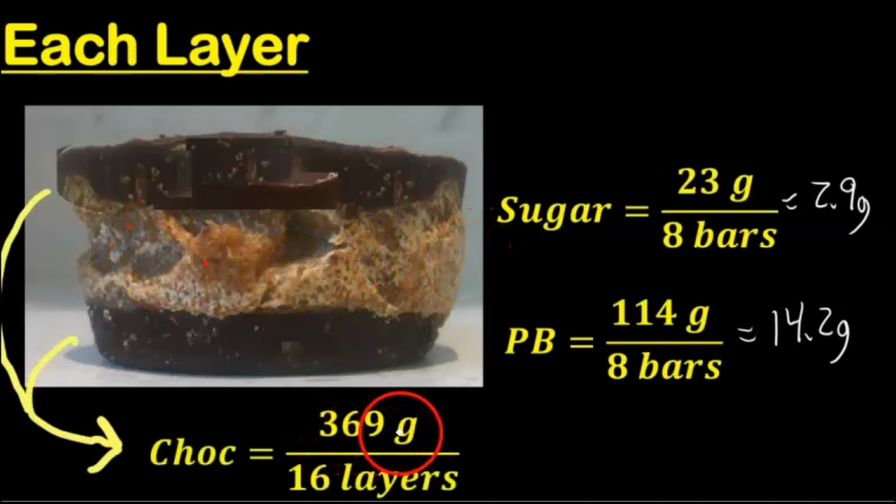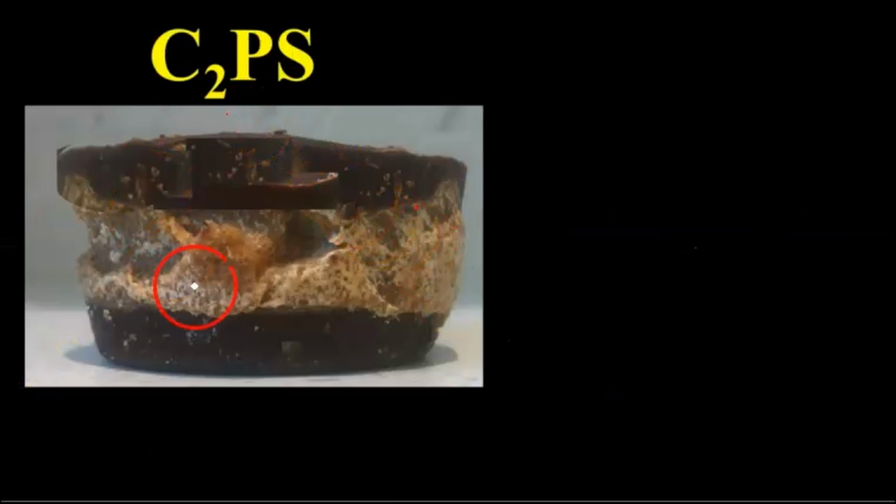And it's 369 grams of chocolate split up amongst 16 layers. 8 bars, and each bar had 2 layers, so that's 16 layers total. So each layer had approximately 23.1 grams of chocolate. We can rewrite this bar as a formula, like a molecular formula, where there are 2 layers of chocolate, C2, a layer of peanut butter and a layer of sugar.